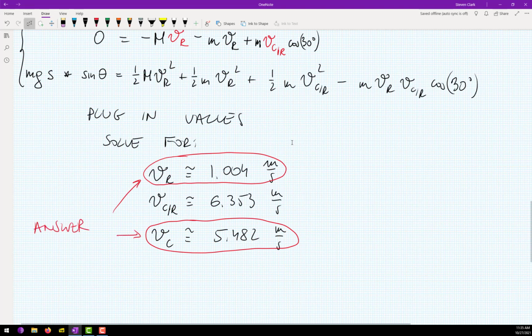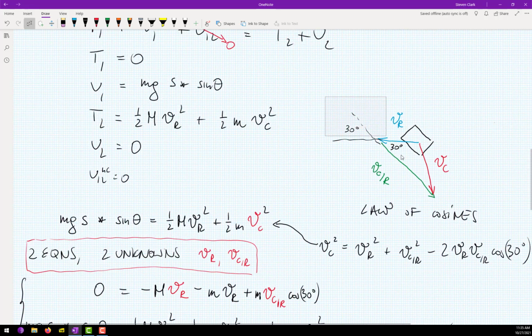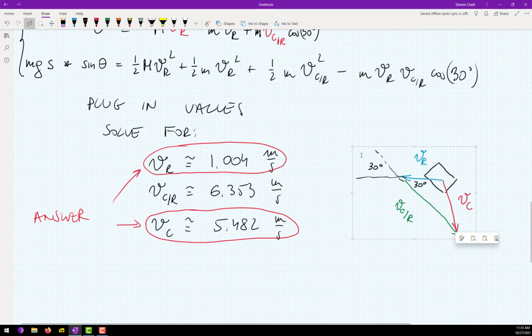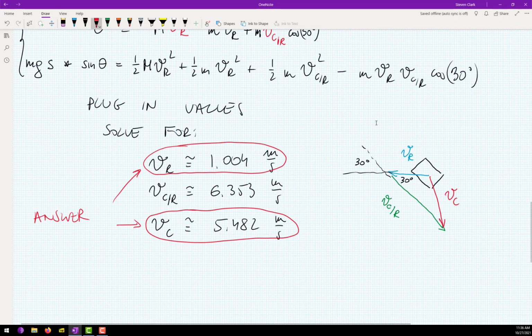Yeah, let's see if that makes sense. Let me copy this drawing here. And this one is 1.4.